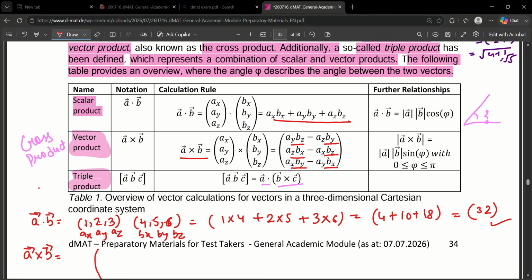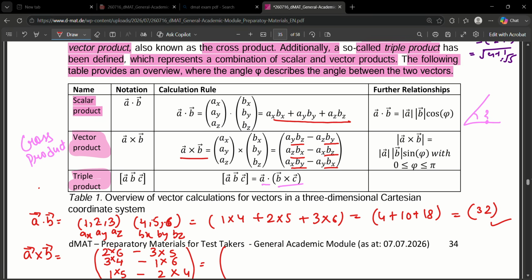First write ay, bz, then az, by: ay times bz minus az times by, minus ax times bz minus az times bx, and ax times by minus ay times bx.